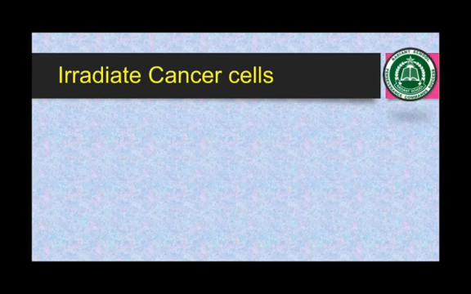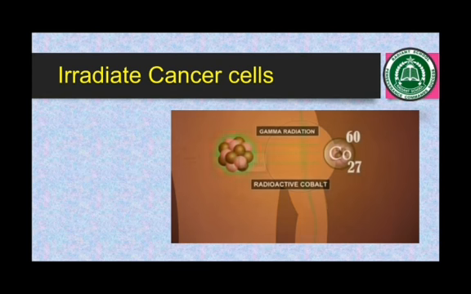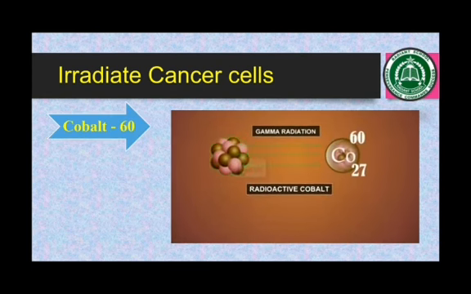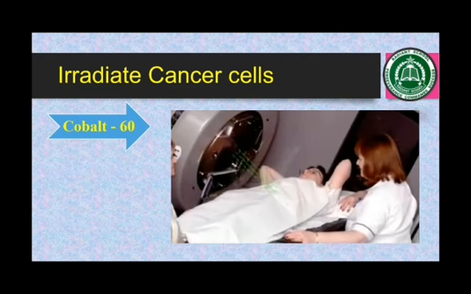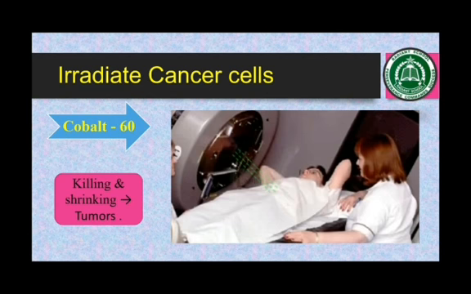Another use of radioactive isotopes is to irradiate cancer cells, which means treatment of cancer cells by radiation. For this purpose, cobalt 60 is used, which produces highly penetrating gamma rays. These gamma rays are used to irradiate cancer cells in the hope of killing them and shrinking tumors.